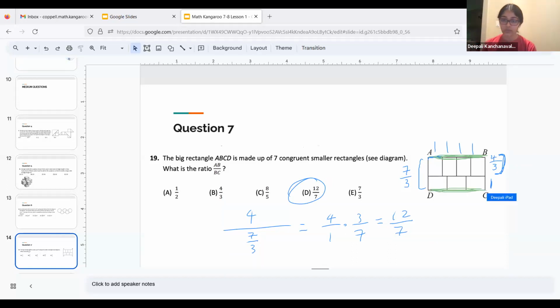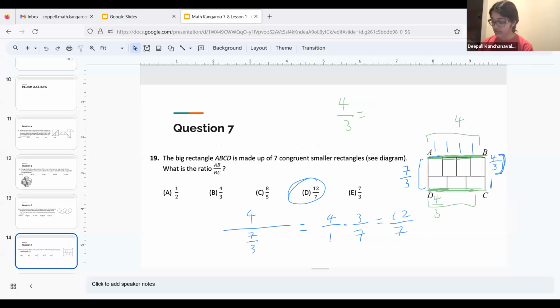And these are equal because it's a rectangle, so the 2 sides have to be equal. Since the entire long side is 4 and this one only has 3 parts, if we divide 4 by 3, that gives us each of these. So that's how he got the 4/3.